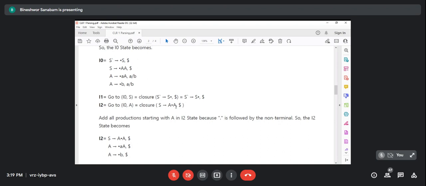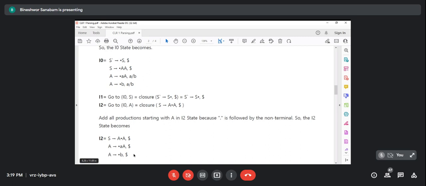Whenever we have this type of non-terminal after the dot, we have to include the production of that non-terminal. So we have to include the production of A. What is the production of A? A implies dot capital A, then dot B. Here, just look at the look ahead.